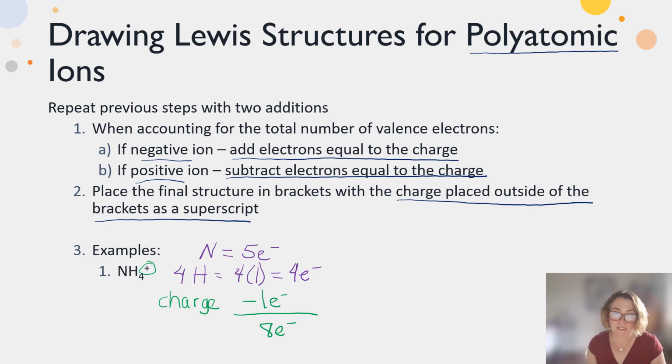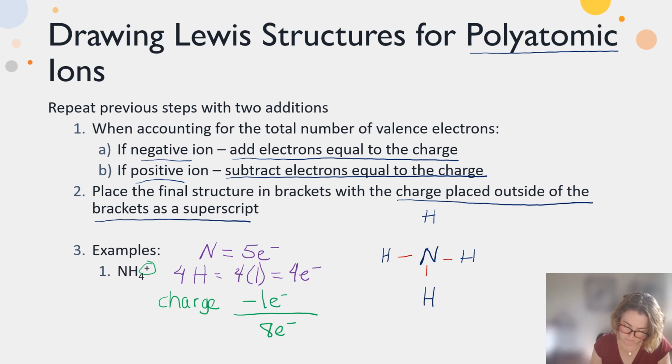Alright, so I'm going to put nitrogen in the middle since I only have 1 of those. And I'm going to surround my nitrogen with my hydrogens. I have 4 of them. And then I'm going to connect my hydrogens to my nitrogen using single bonds.